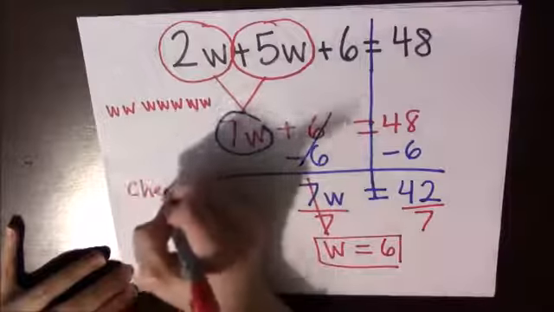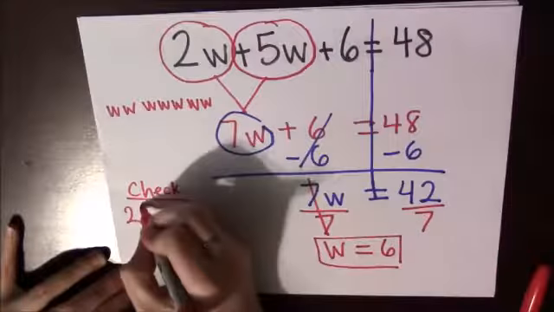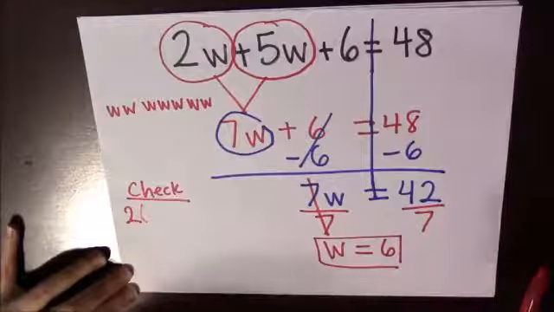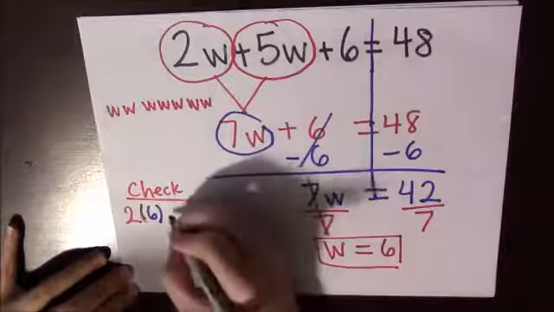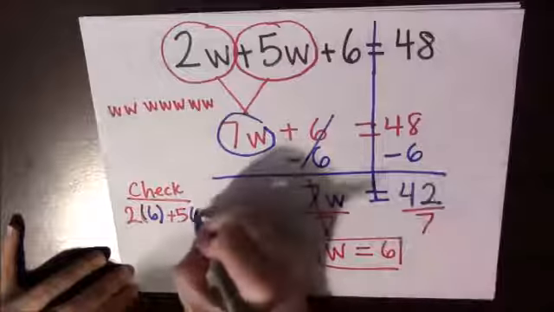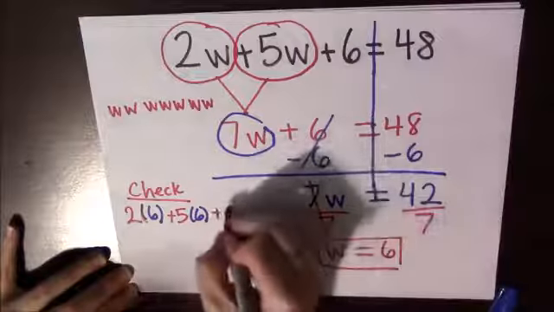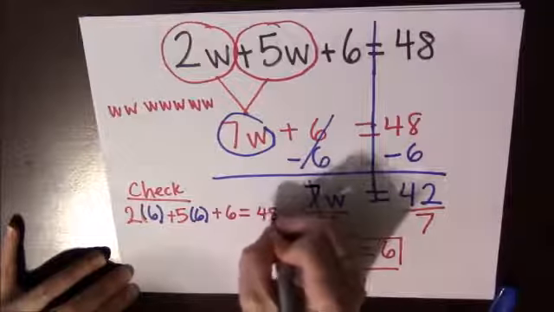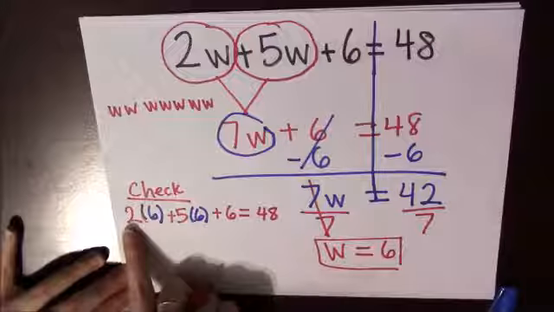So the check is 2 times my 6 plus 5 times my w, which is 6, plus 6 equals 48. So I go through and I start multiplying for GMDAS.